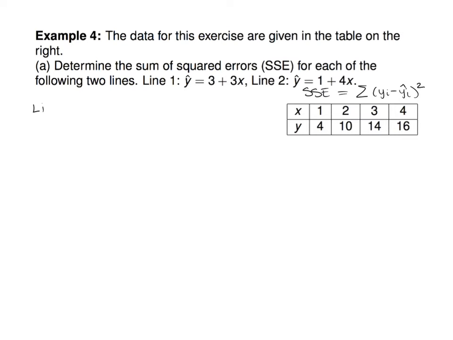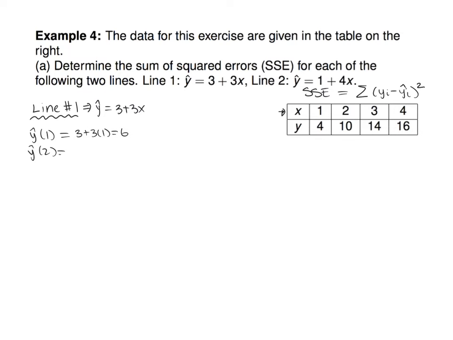So first let's look at line number 1, y hat equals 3 plus 3x. First we're going to need all the predicted values. So y hat of 1, and I'm choosing to plug in the points that were given for x in my table. Plugging in 1, we have 3 plus 3 times 1, which is 6.